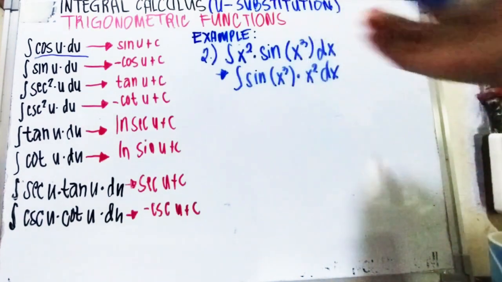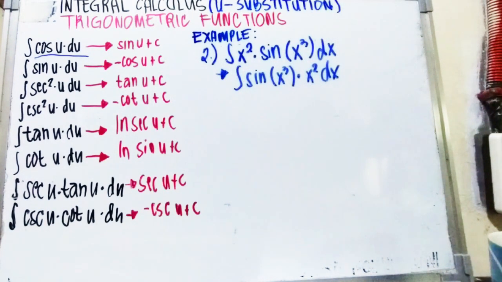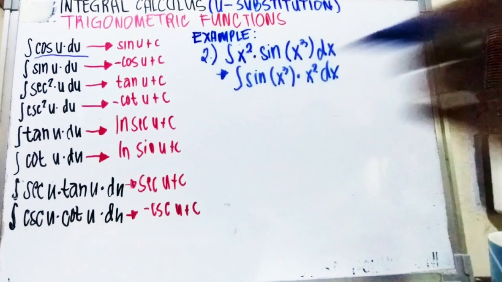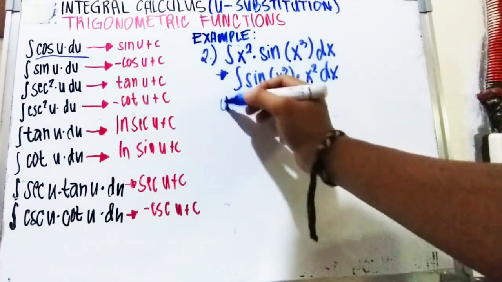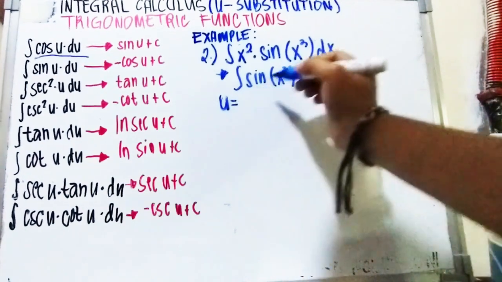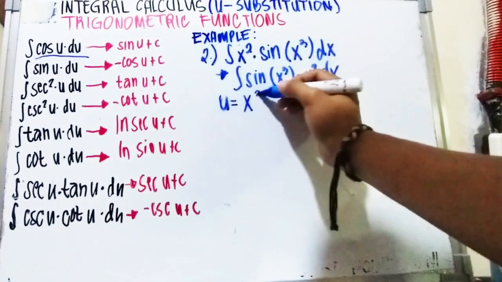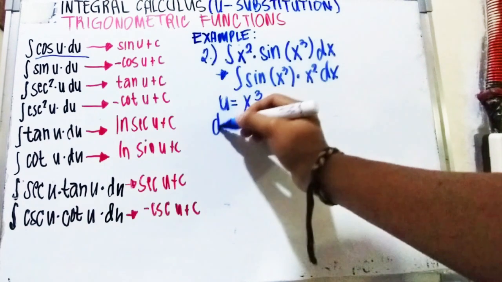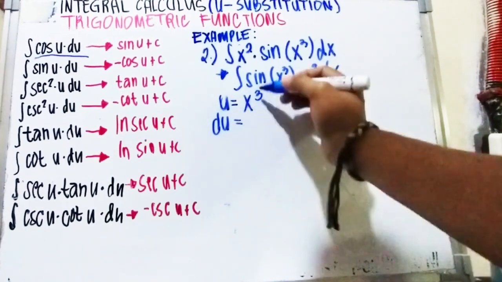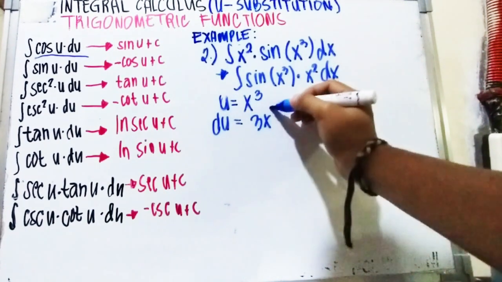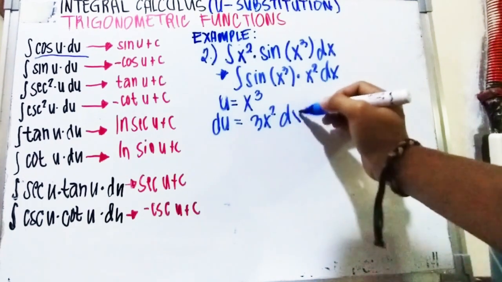Ni-rearrange lang natin yung example. Next, since this is U-substitution, again, let us let a value for u, let's say x cubed. Then, let's derive our u or du, magiging 3x squared dx.